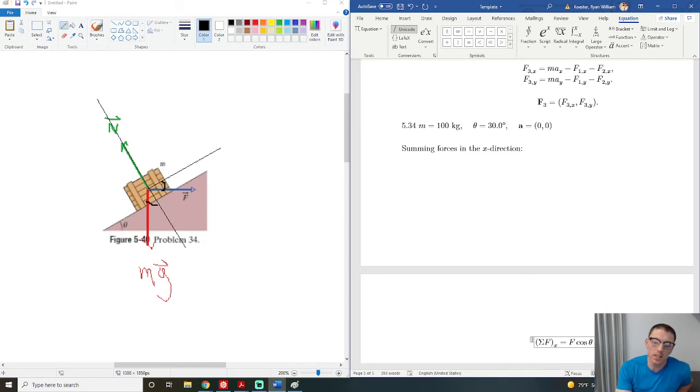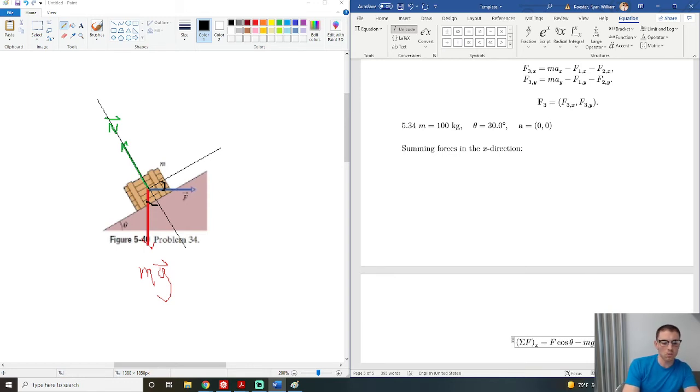This is easy to forget, because it's not what we're used to when the x-axis is horizontal and the y-axis is vertical. So we have to subtract off the x component of the gravitational force, which in this case is mg sine theta.